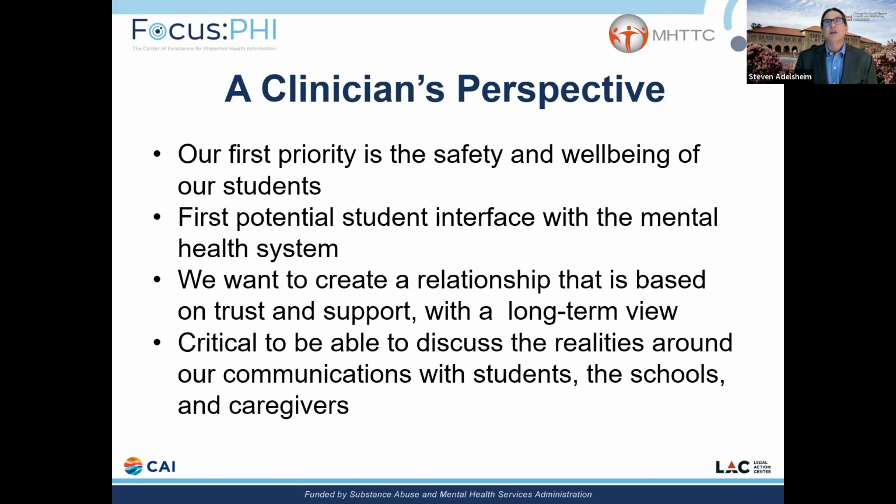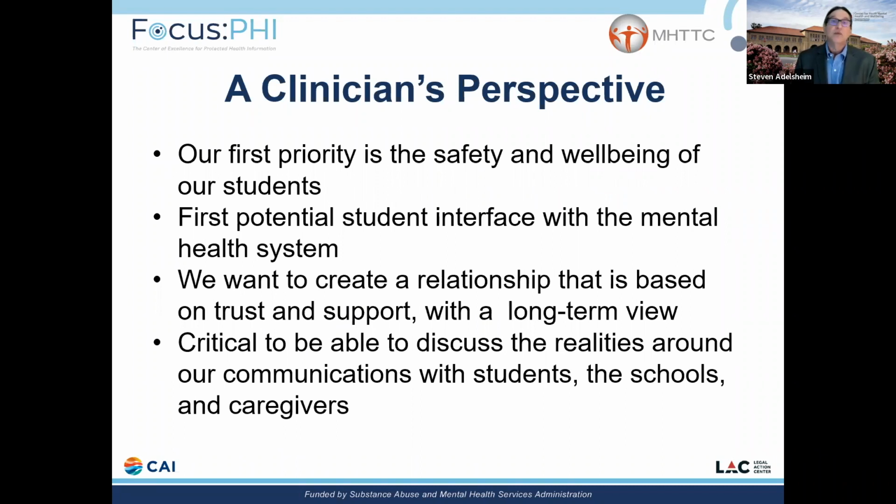It seems important to realize, as we're having these initial conversations with our students, that often this is their first experience with a mental health system of any type, and we want to be sure that we're creating a strong and trusting relationship that is built on support, but also with the idea that if this is successful, it allows for positive thoughts about any potential interface with the mental health system in the future, which can be very important down the road. So it's really critical that we be able to talk about the realities of our communication with our students, with caregivers, with schools, in a really honest and direct way, and that we understand those aspects really well.